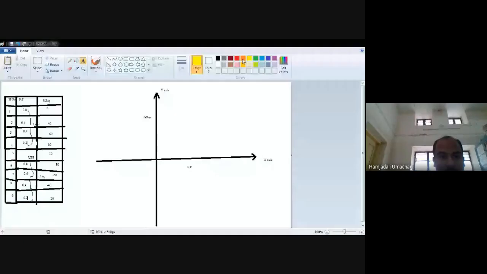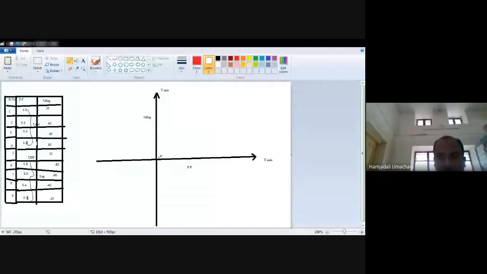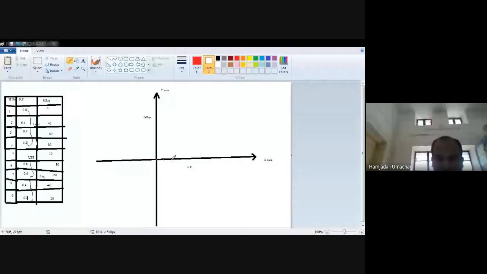From here onwards, this is the first point, second point, third.